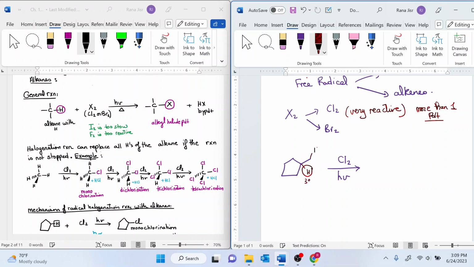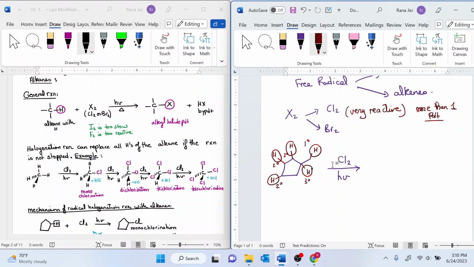And I have here a primary hydrogen. And I have here a secondary hydrogen. I have another secondary hydrogen over here, which is different than the first secondary hydrogen. And I have a third secondary hydrogen over here that is different from all the others. So see how many different hydrogens I have in there.